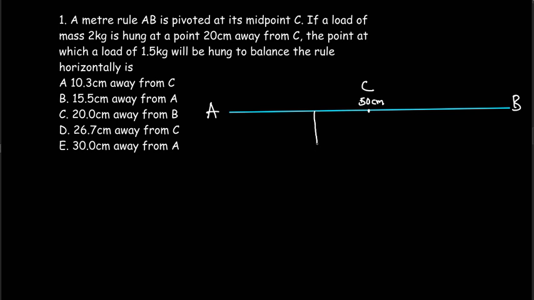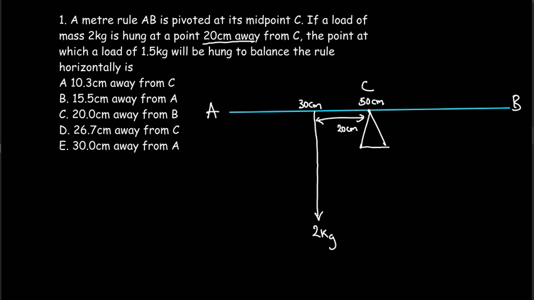So the mass will be hanging from the 30 cm mark, because it said 20 cm away from C. So 20 cm away from the pivot, that is from C. As you can see, 30 plus 20, 50, right? 50 minus 30 gives us the distance between the 30 cm mark and the 50 cm mark.